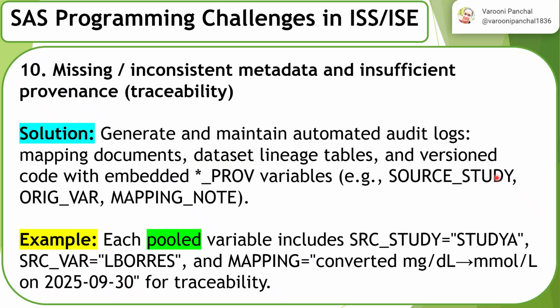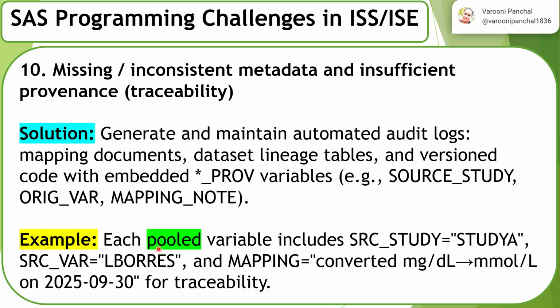For example, each pooled variable includes src underscore study, where I have handled study A. The src variable is your original, and the mapping note says converted from this unit to this on such and such date. This is for traceability.